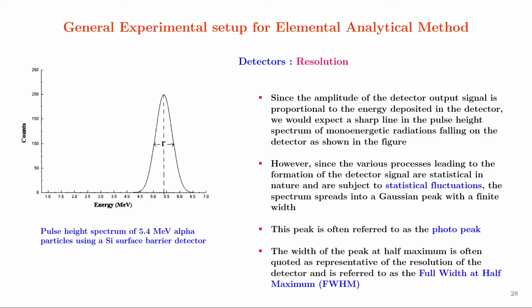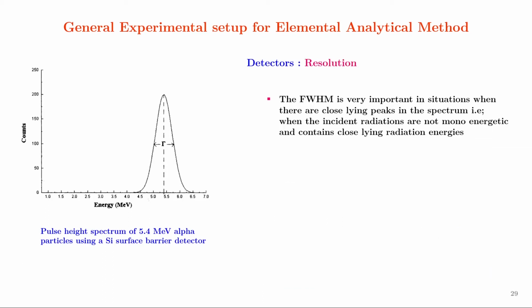The width of the peak at half maximum is often quoted as representative of the resolution of the detector and is referred to as the full width at half maxima. The full width at half maxima is very important in situations when there are close-lying peaks in the spectrum.